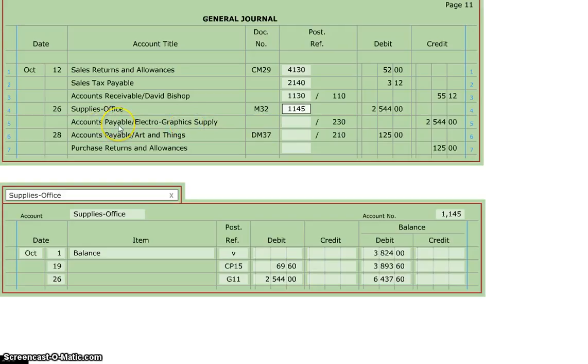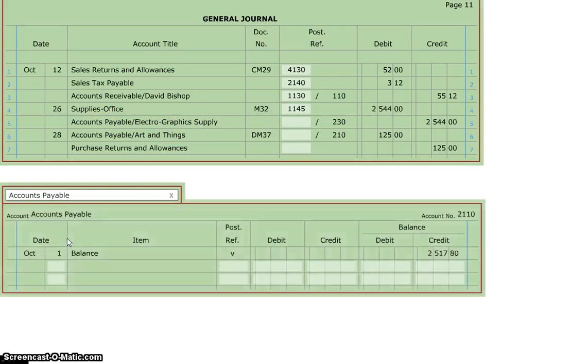Our second part of this 26th entry is the accounts payable. So we're going to be opening our accounts payable. Plug it in the date. And we follow the line exactly, so we're going straight across, and we have the $25.44 credit. Oh, I forgot to put the G11.